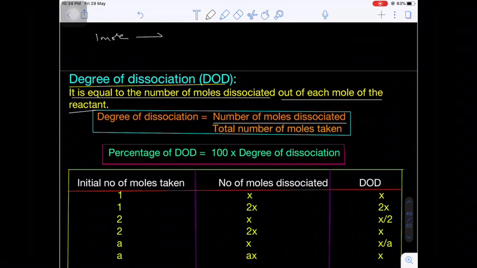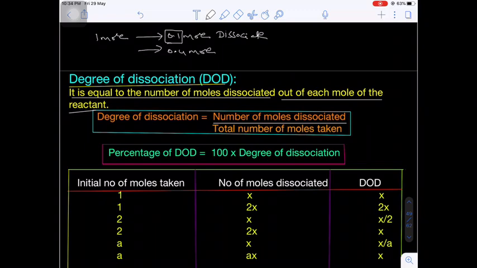Out of 1 mole, let's suppose 0.1 moles dissociated. So this 0.1 is called the degree of dissociation. Let's suppose from the 1 mole of reactant, 0.4 moles decomposes or dissociates. That means this 0.4 is referred to as the degree of dissociation. Are you getting my point?